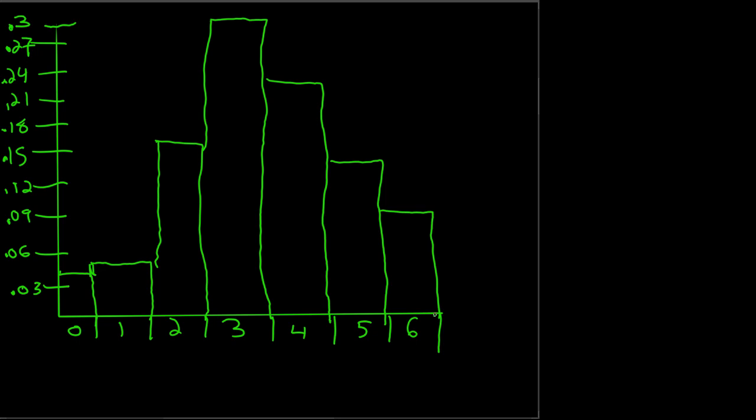Then we choose the graph that matches that, and it asks to describe the graph shape. It's approximately symmetric. It's not quite uniform, but it is balanced. Again, your graphs and probability distributions might be different.